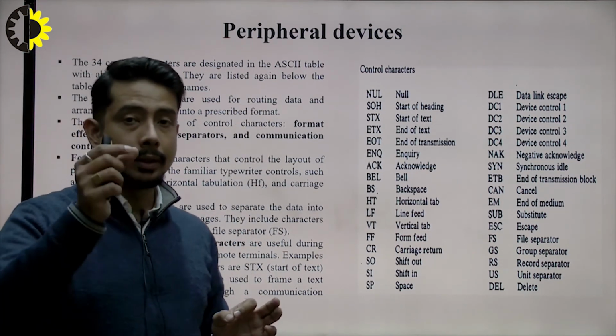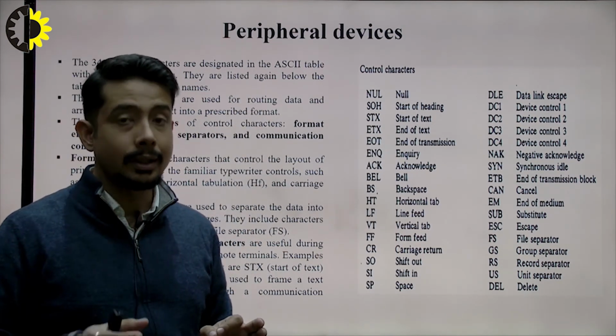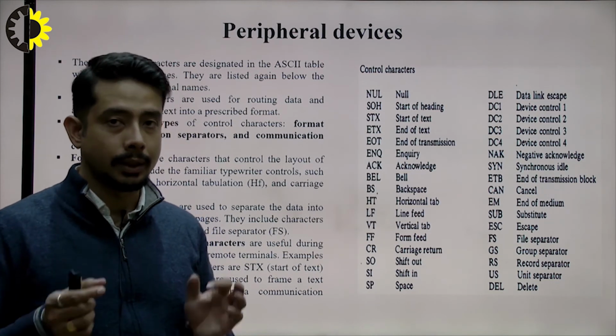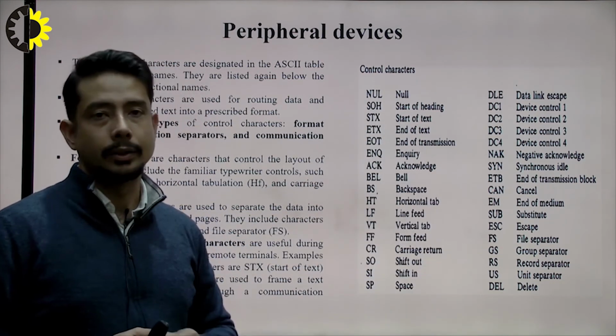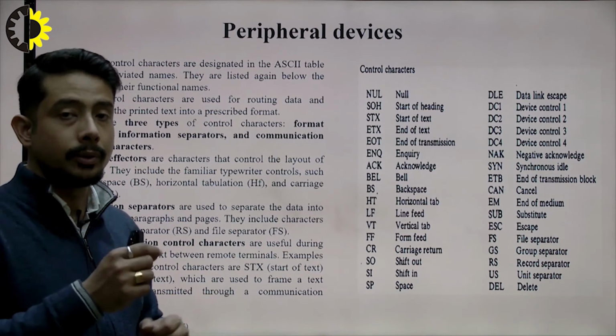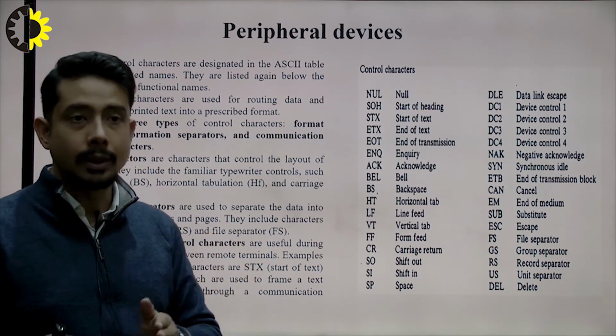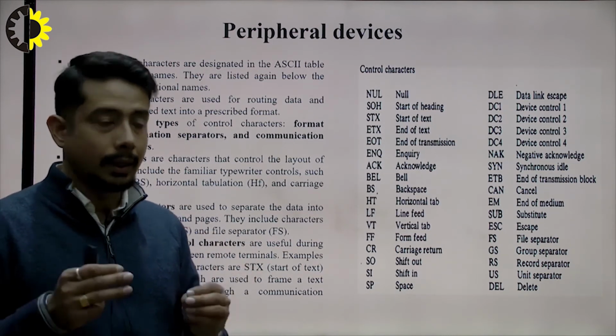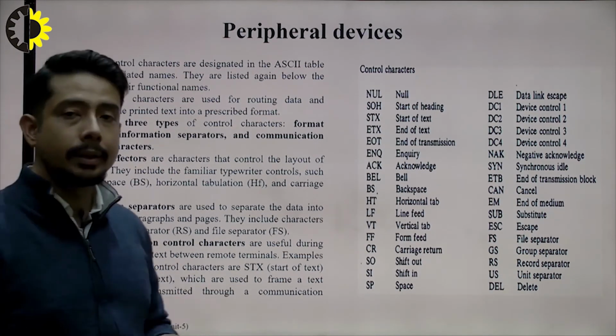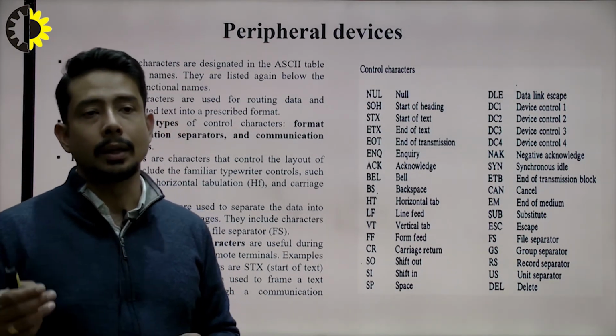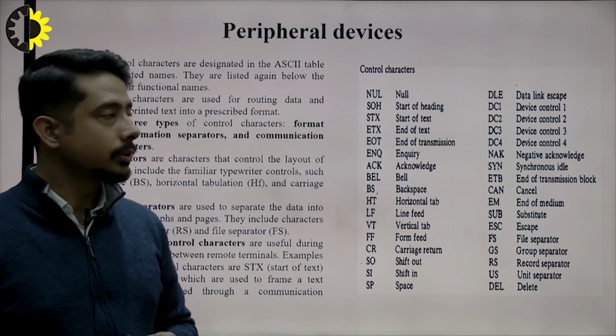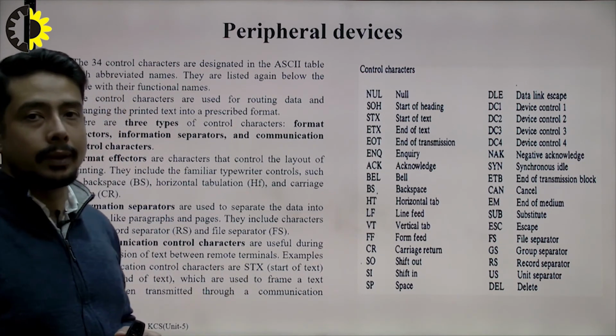I have told you that 34 non-printing characters are there which are used as control functions. In that unit they have been segregated into three parts: format effectors, information separators, and communication control characters. Okay, so this is all about your peripheral devices.